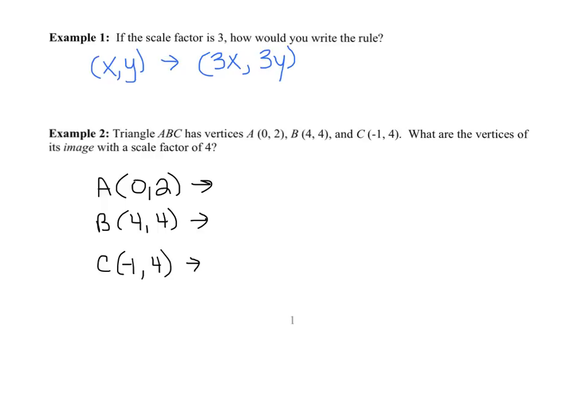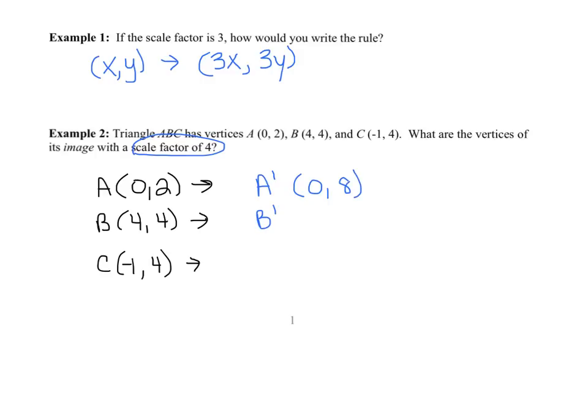A scale factor of 4 means you're multiplying each coordinate, both x and y, by 4. Our A prime would be 4 times 0 is 0, and 4 times 2 is 8, so A prime is 0, 8.